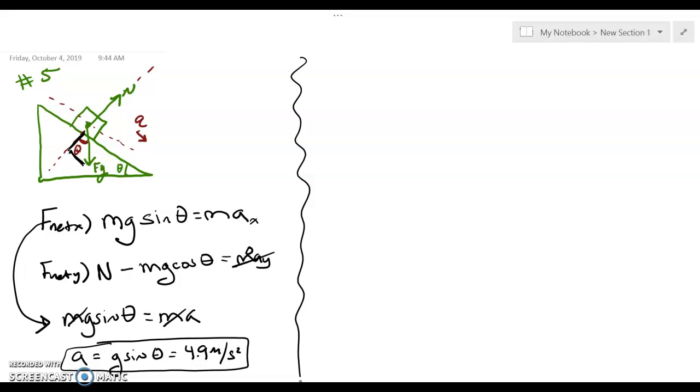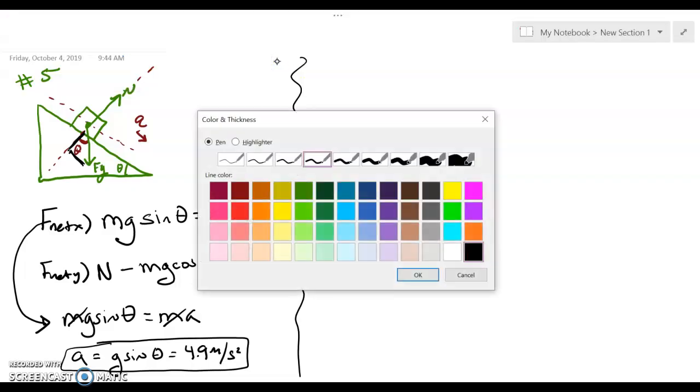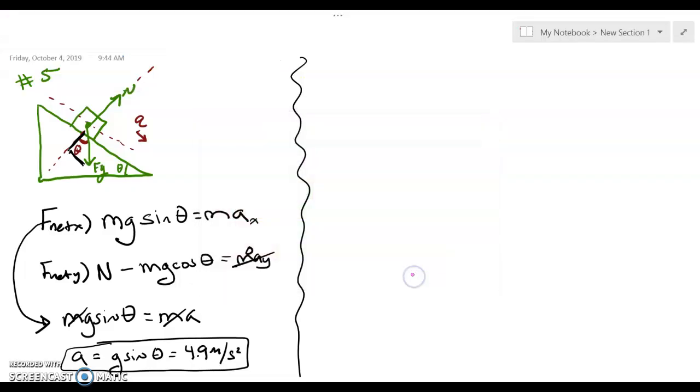All right, we're going to do number 6, which is the same problem, but now there's a coefficient of kinetic friction. So I'm going to add one more force to this diagram here, and that's going to be my kinetic frictional force.